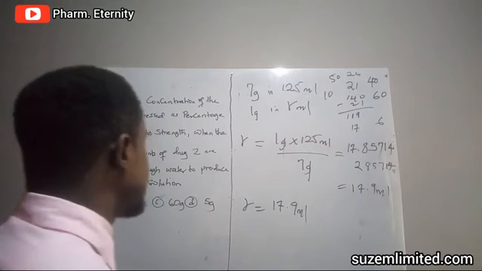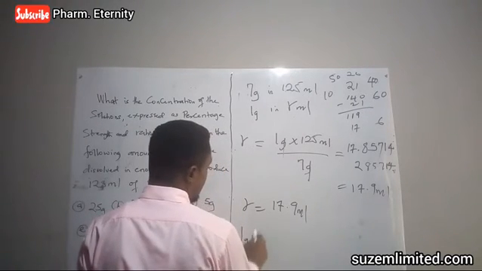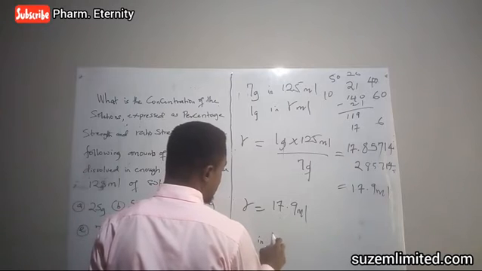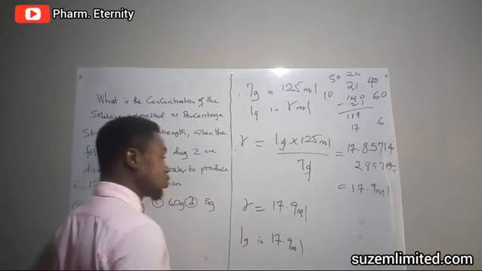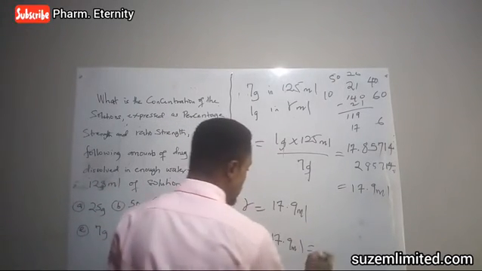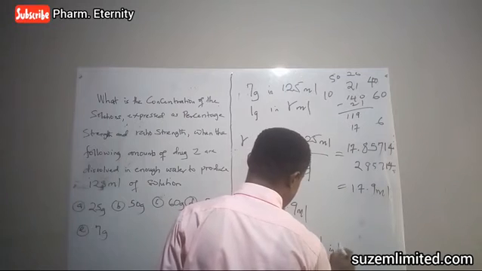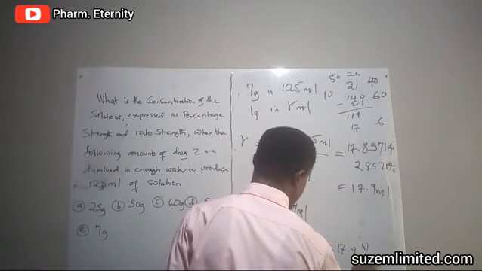What it implies is that 1 gram is found in 17.9 ml of the entire solution. At the end, the answer is 1 in 17.9 weight per volume.